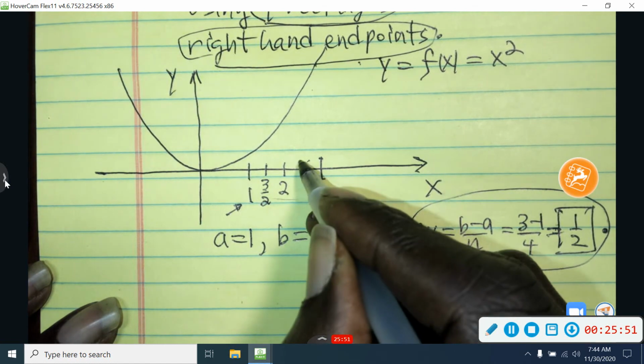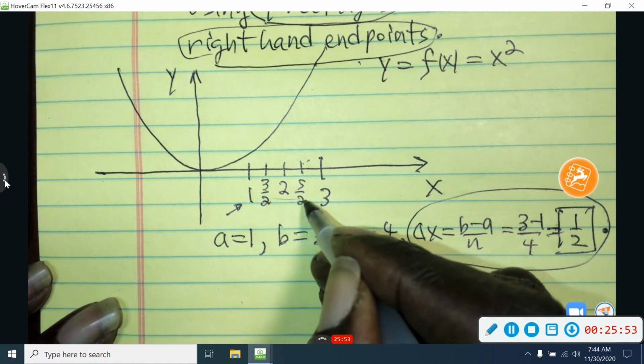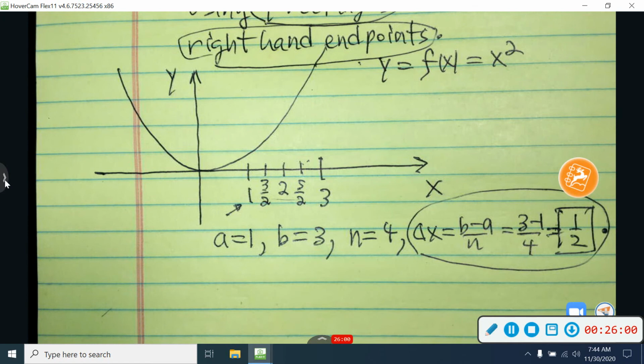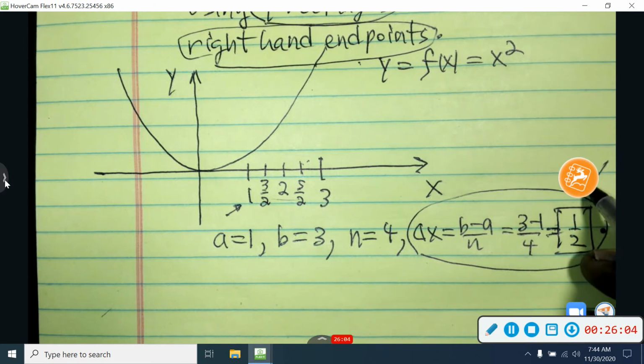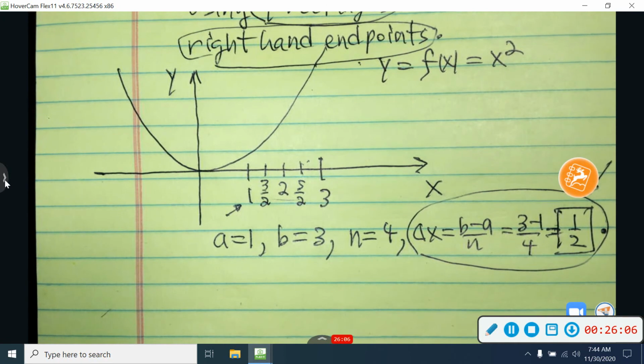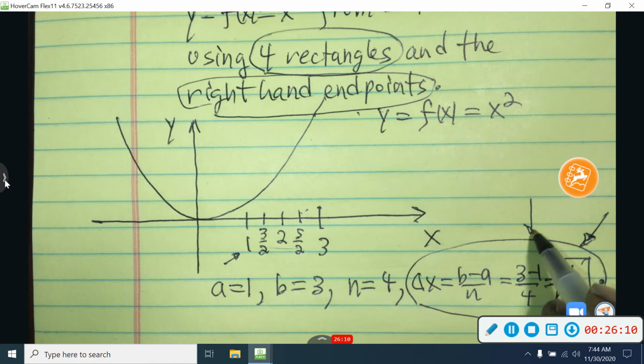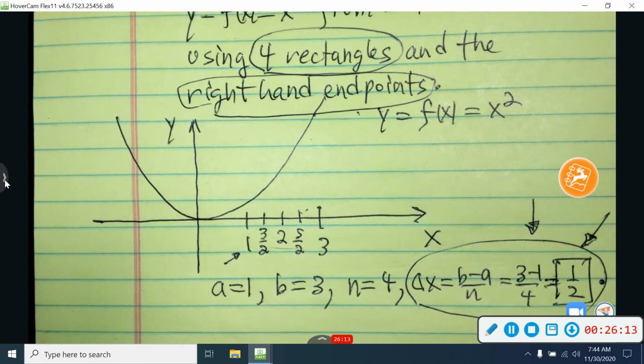Add a half, you get 5 halves. And add a half, you get 6 halves, or 3. Congratulations, you've just chopped the interval up into 4 equal subintervals, just by starting at one end and adding the change in x until you hit the other.